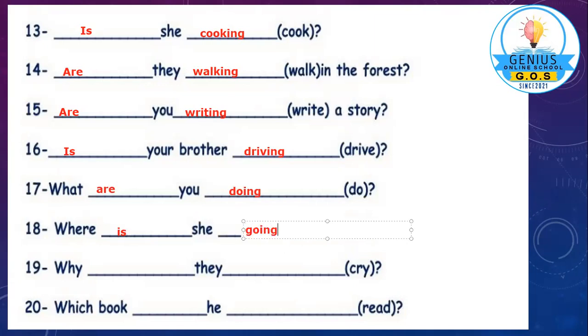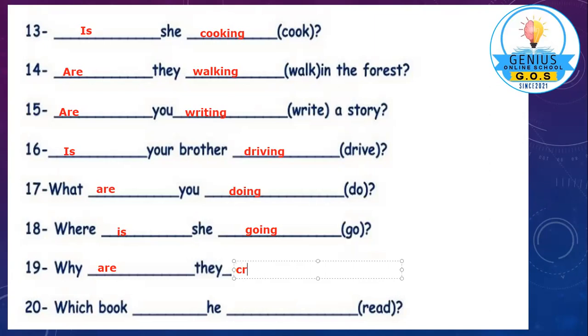Asya, number 19. Why are they crying? Excellent. Why are they crying? Rahf, the last one, number 20.